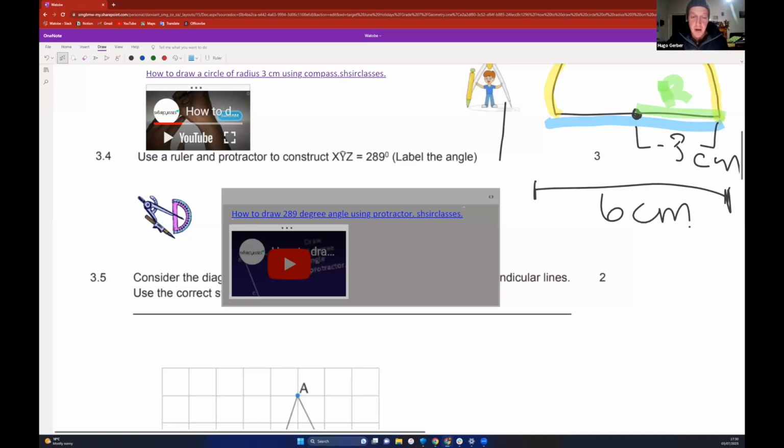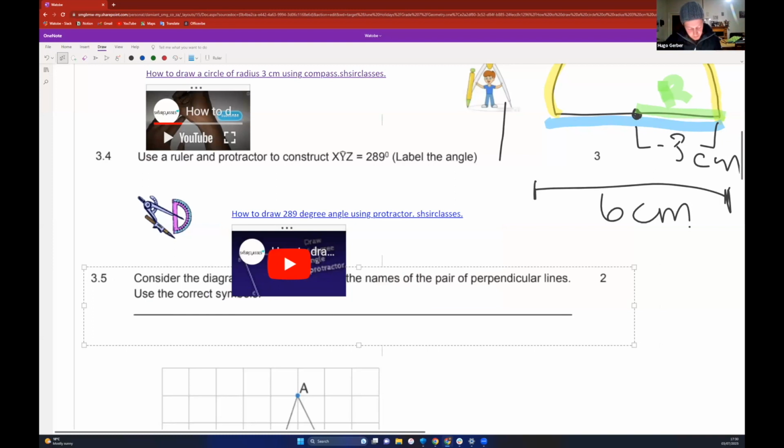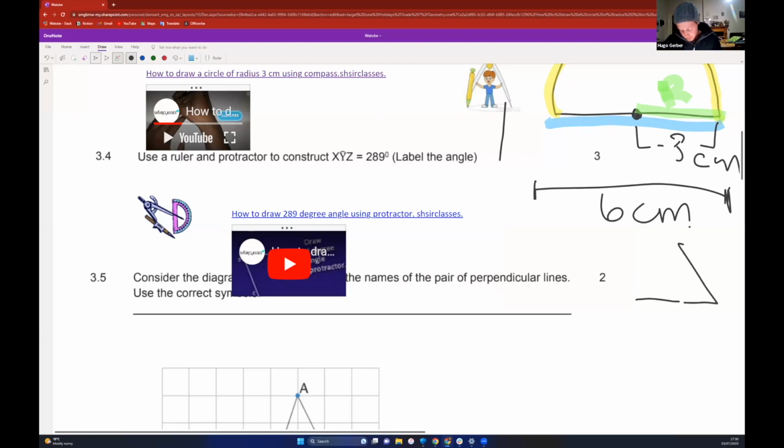It's not 131, okay? I see some are just following what the others are saying. The answer is 71, okay? So we're going to measure with our protractor an angle of 71. And then we know that angle, so this will be 71 on the inside.